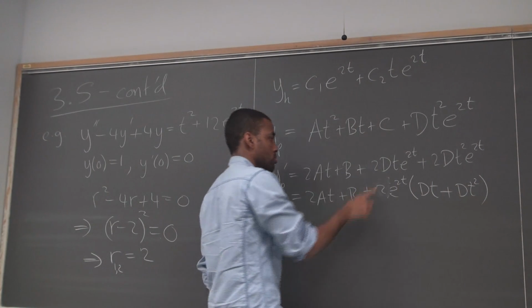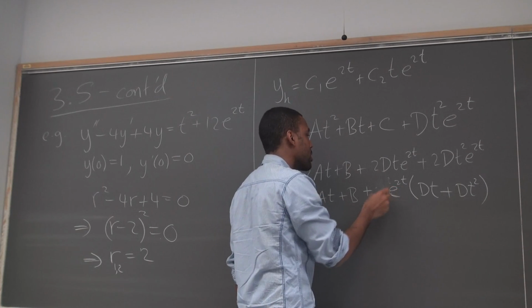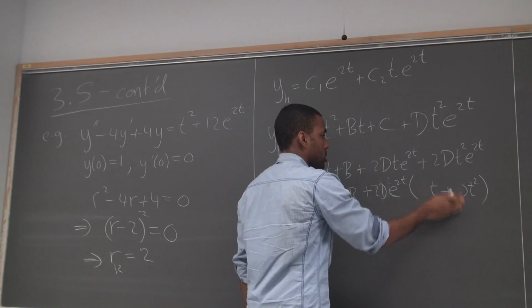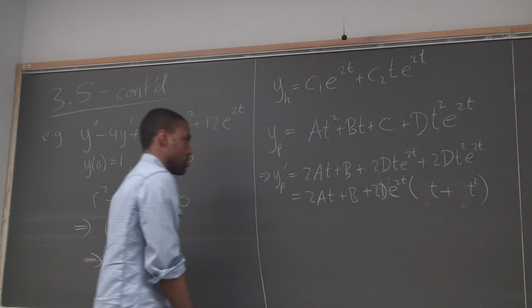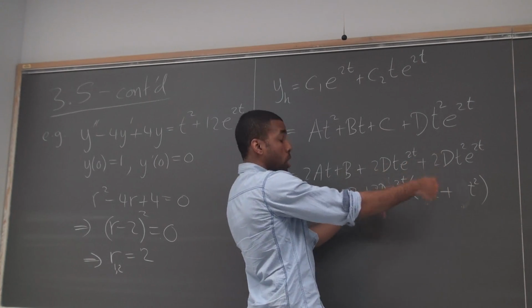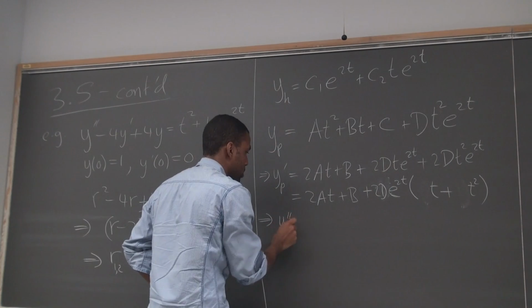Can't you also factor out the d? Yeah, the d would be nice. I don't want to factor out the t because then we have to do this triple product rule thing. So let's factor out 2d. And now I only have to do the product rule once instead of twice. So now I go to the next step.